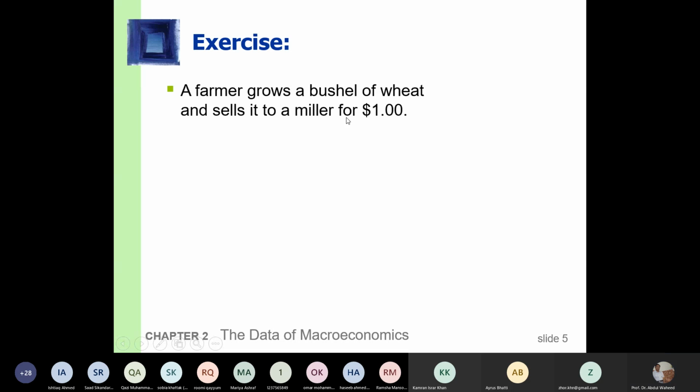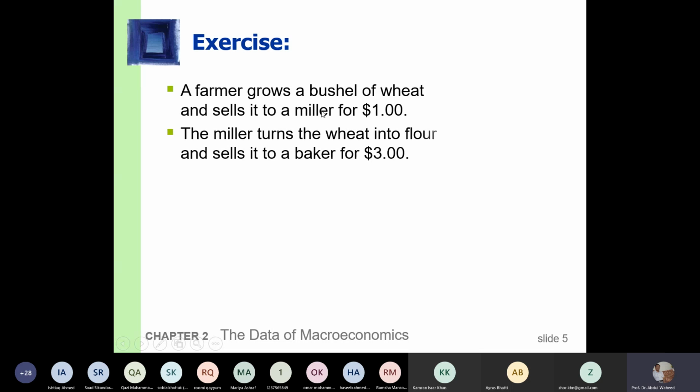Then the miller will sell this wheat to a flour mill owner. They will convert this wheat into flour and then sell it to a baker.